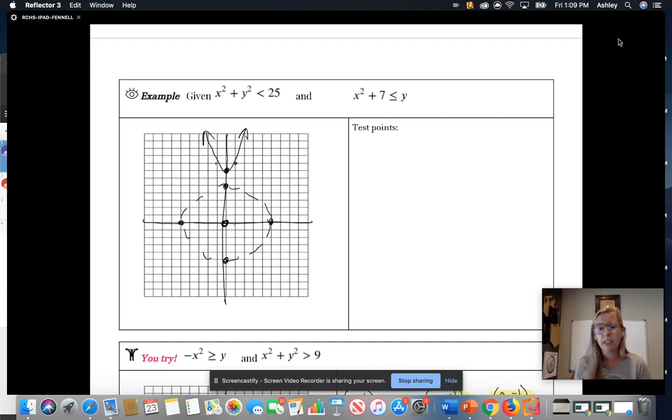All right, when you look at these two functions, it is possible that we could end up with a no solution situation, right? Because we have regions that do not overlap here. So think about that. We could end up with a system with no solution. So let's think about our different regions here. We have inside the circle, but inside the circle would only work if it was outside the quadratic, right?